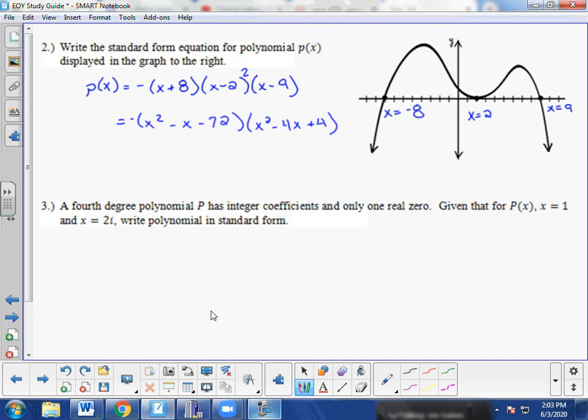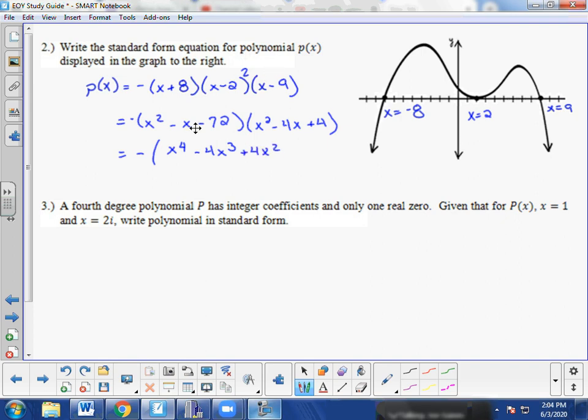I'm first going to distribute the x squared, again leaving the negative out in front of everything. x squared times x squared is x to the 4th. Then I would have x squared times negative 4x, which is negative 4x cubed. And x squared times 4, which is 4x squared.